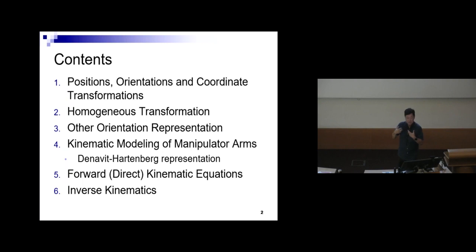These are the topics that we are going to go through: position, orientation, and continuous transformation, the homogeneous transformations, other orientation representations, and then the kinematic modeling of the manipulator arm, which covers DH notation, forward kinematics, and inverse kinematics. For today's lecture, I hope to complete 1, 2, and 3. But if I'm going too fast, please let me know. Okay?